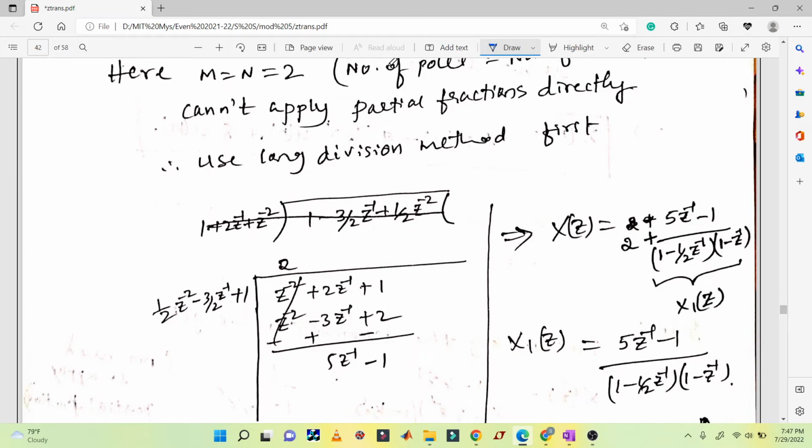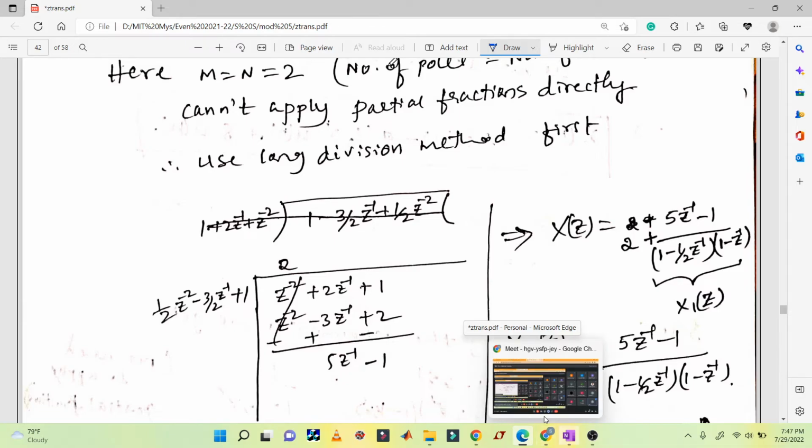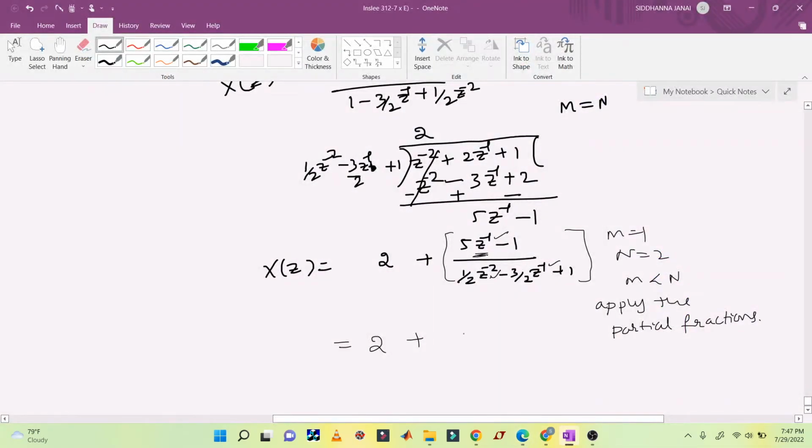One divided by 1 minus 1 by 2 z inverse and 1 minus z inverse. Before applying partial fractions, this is the form you will get.